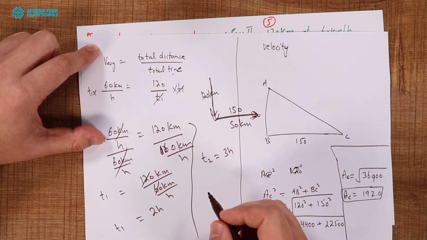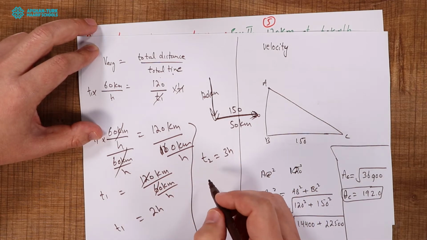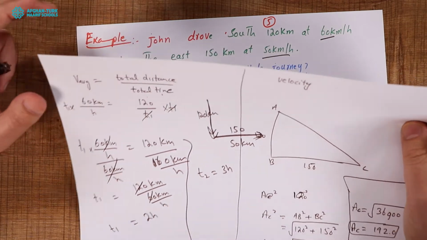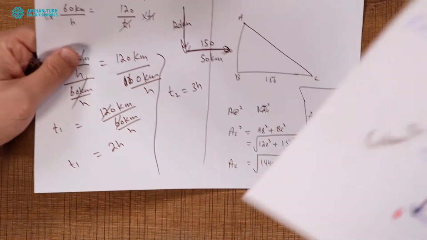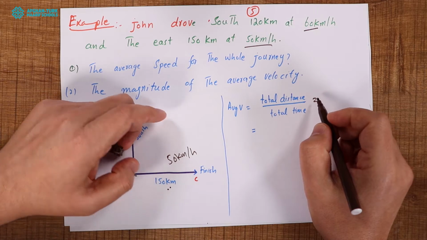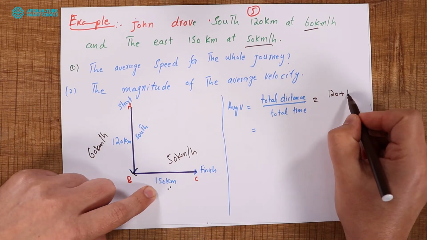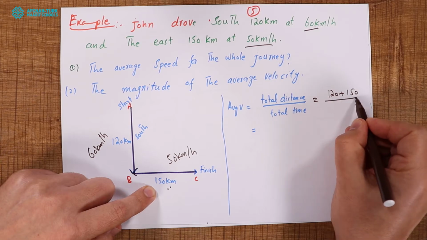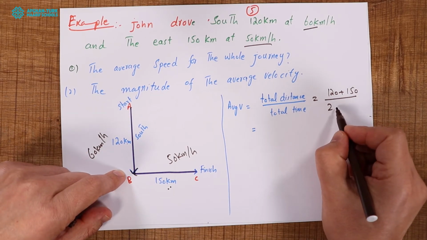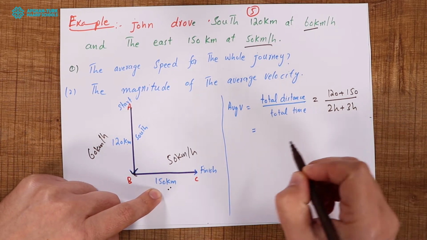Now putting the values in for the total distance and total time. Total distance here is 120 plus 150, and the total time that we found was 2 hours plus 3 hours.